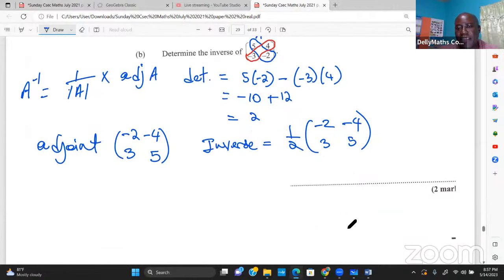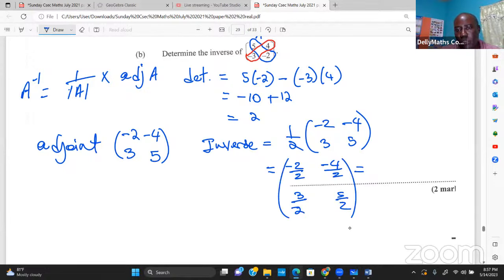And you want to simplify the answer now. The 2 is going to distribute inside, so you'll have -2 over 2, -4 over 2. It is half of everything we're finding. And we could break it down: -1, -2, 3 over 2, 5 over 2.